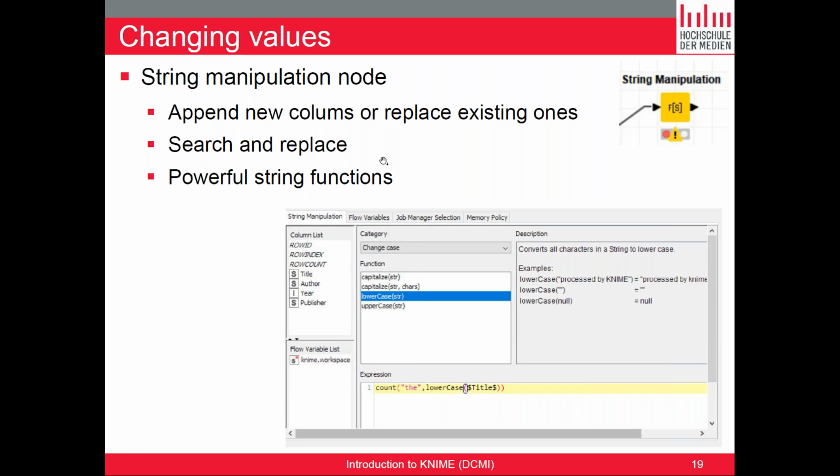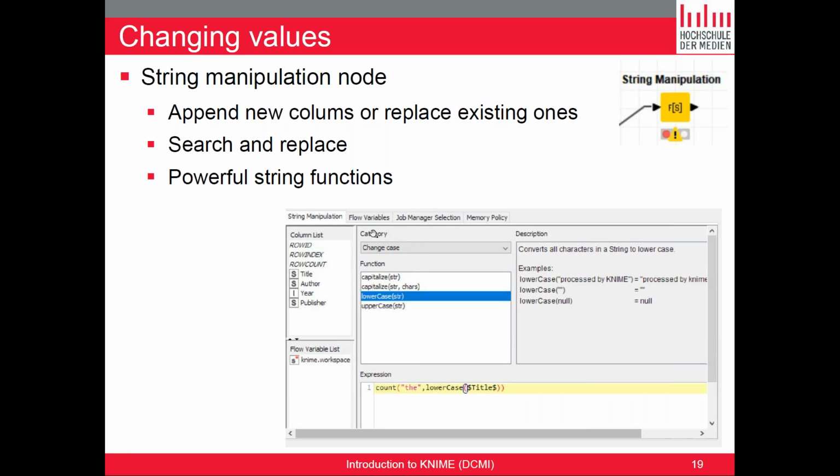Here, configuration becomes more complex. Instead of simply telling the node, remove this column, you now need to tell the node exactly what kind of string functions you want to use on what data. Again, this example shows the configuration window, and you can see here that the software tries its very best to make this very complex node approachable for people who are not used to programming.